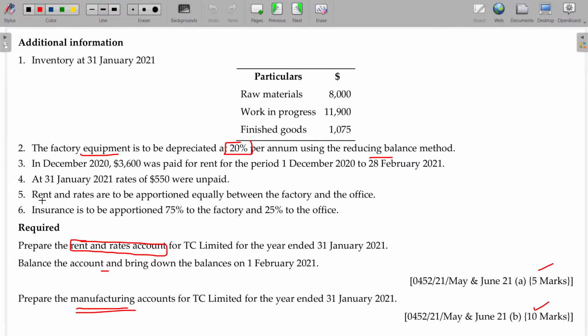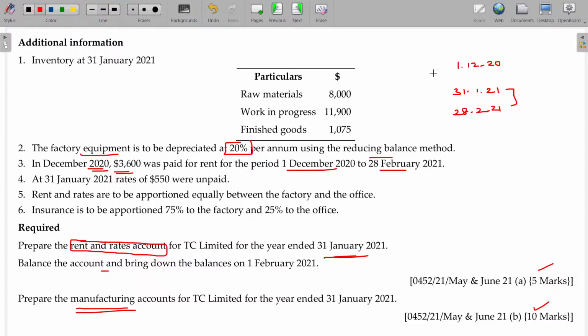And then next one, in December 2020, $3,600 was paid for rent for the period of 1st December 20 to 28th February 21. Year ends on 31st January 21.